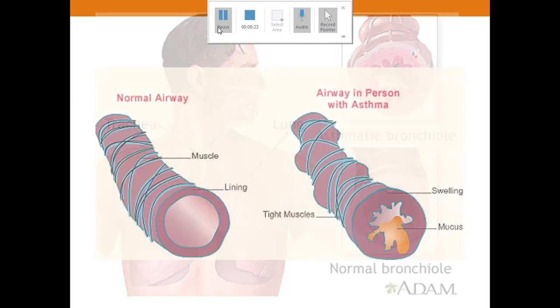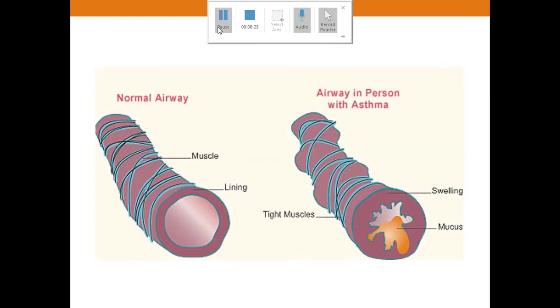So it means that we essentially don't have normal airways and therefore cannot take in as much air. And there may also be things like swelling of muscles around the airways, mucus present in the airways, and that again will limit the amount of successful intake of air that people can manage to pass around their body.